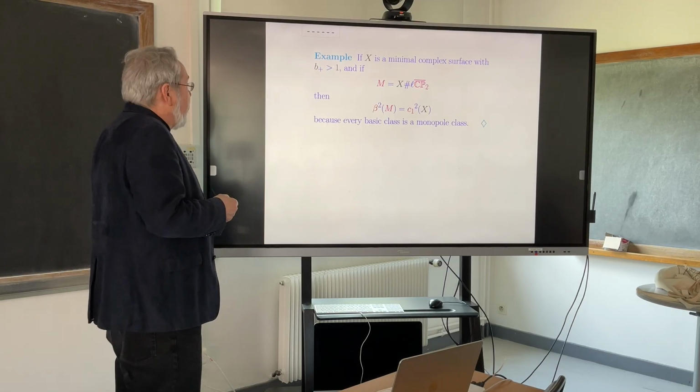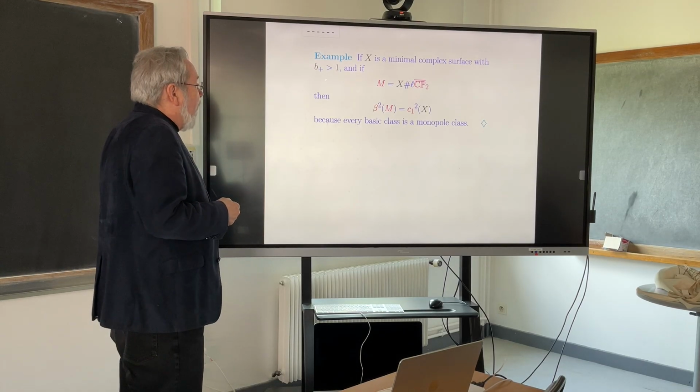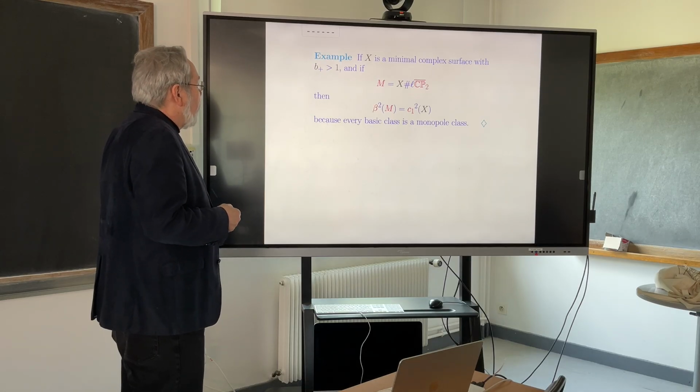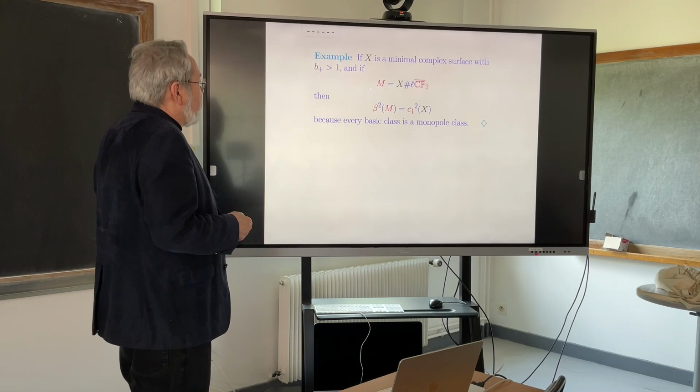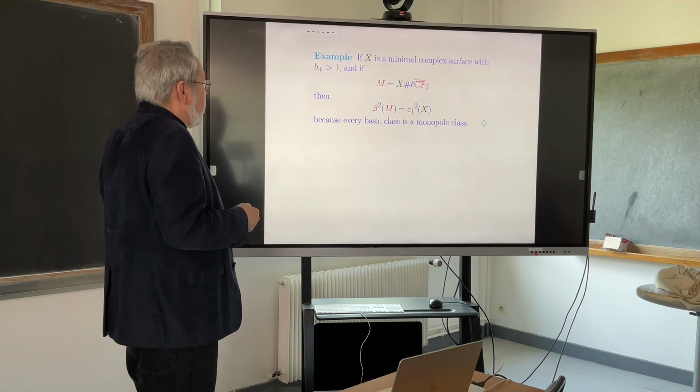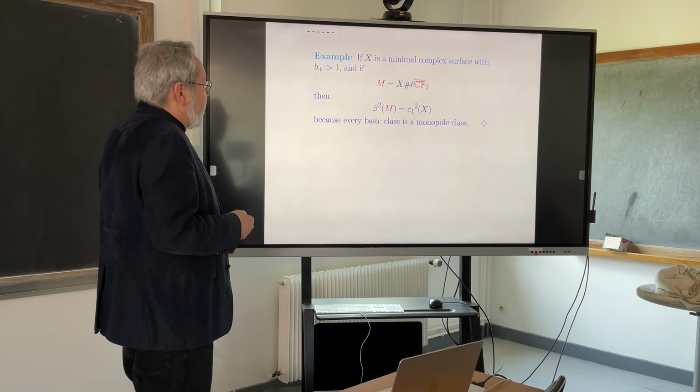For simplicity, I'm going to stick to the case where b plus is bigger than 1. So any complex surface is gotten by blowing up a minimal model. And so here, I should have said this is a minimal complex surface with b1 even. Okay, we're thinking about mostly the simply connected case.